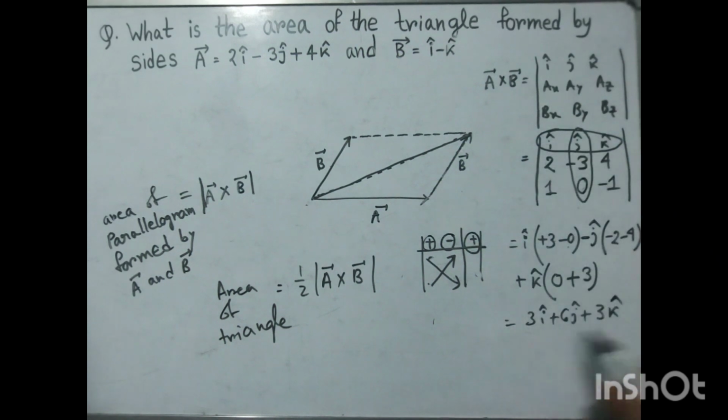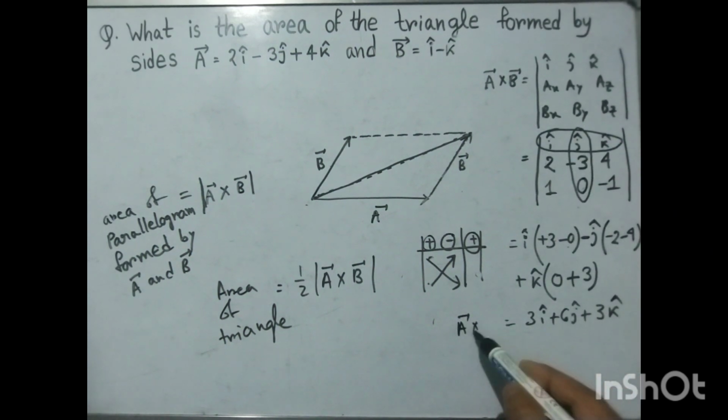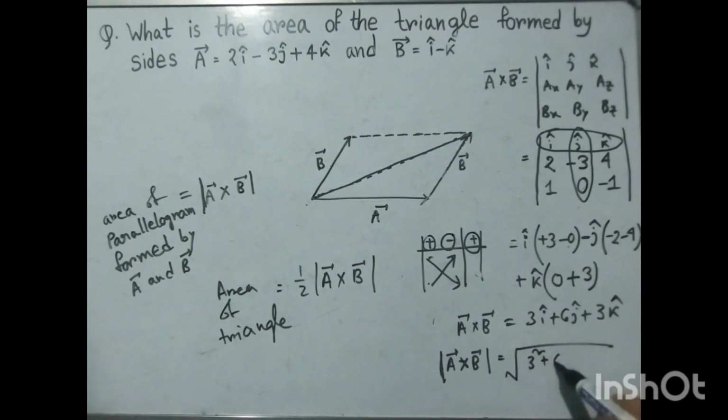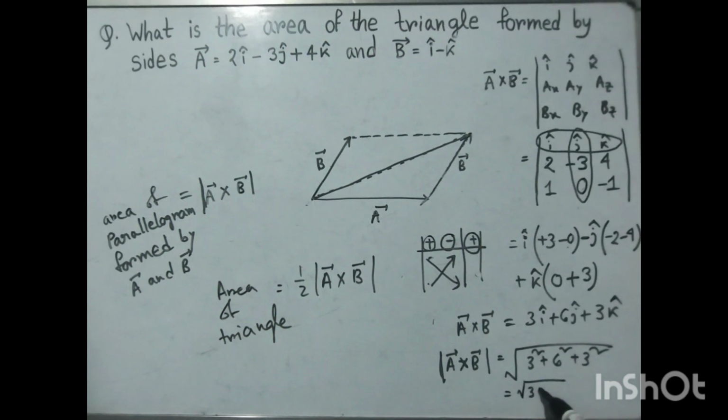So a vector cross b vector is this. So the magnitude of a vector cross b vector will be root over 3 square plus 6 square plus 3 square, and that is 9 plus 36 plus 9, 54, that is root 54.